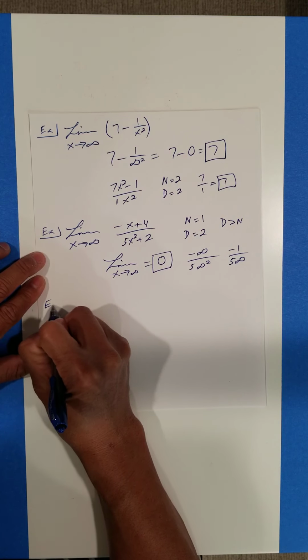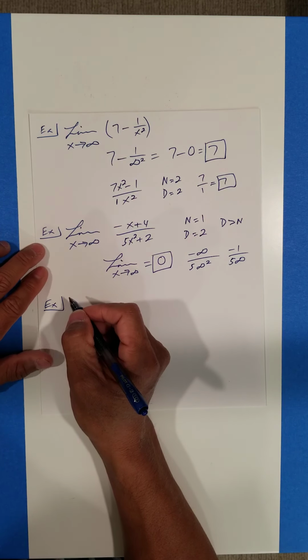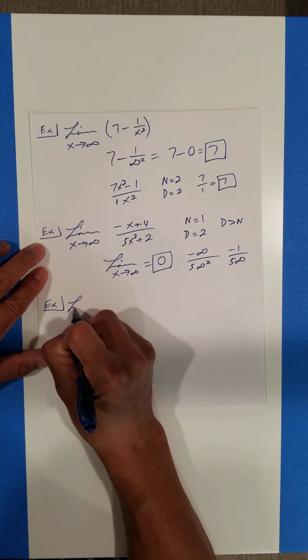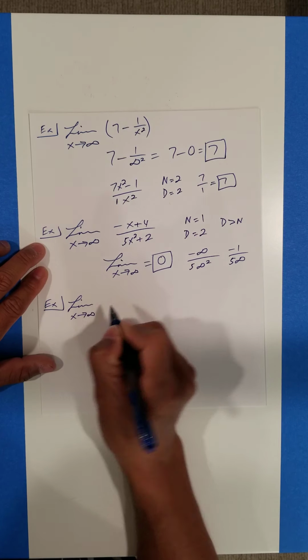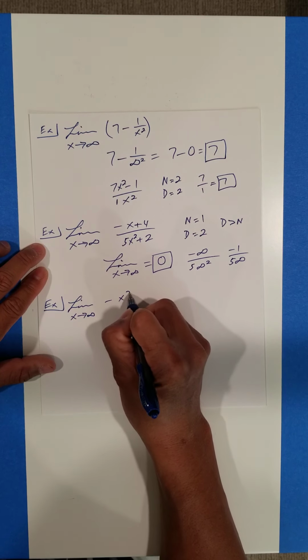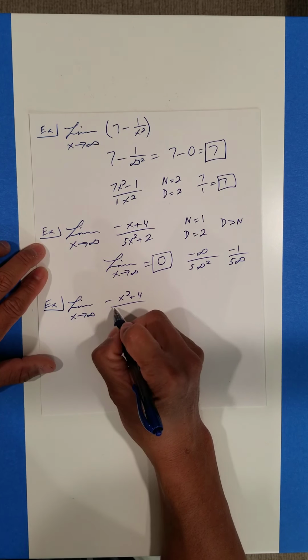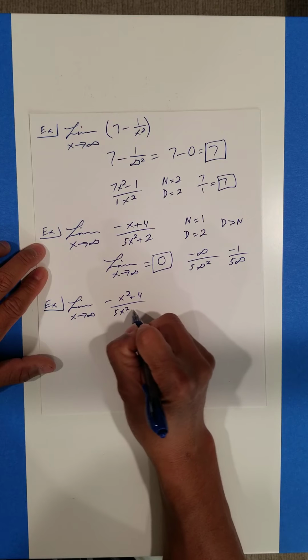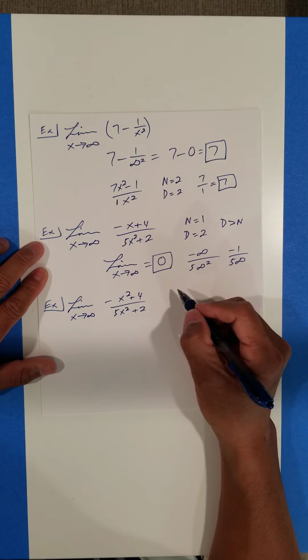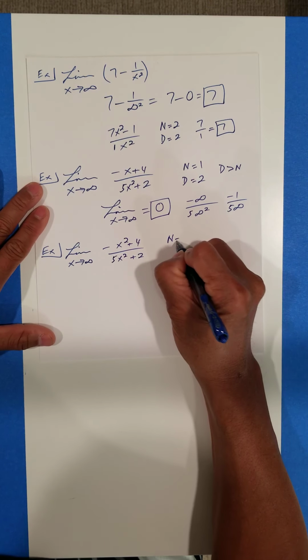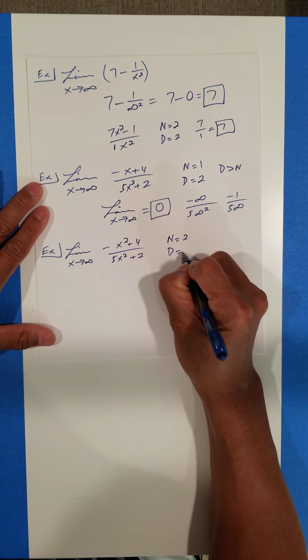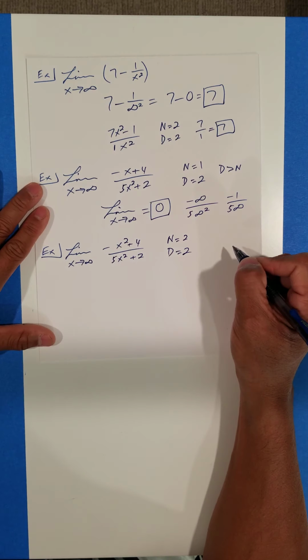Okay, let's do some more examples. Let's say limit as x goes to infinity of negative x squared plus 4 over 5x squared plus 2 again. Okay, degree of the numerator is 2. The denominator has a degree of 2 also.